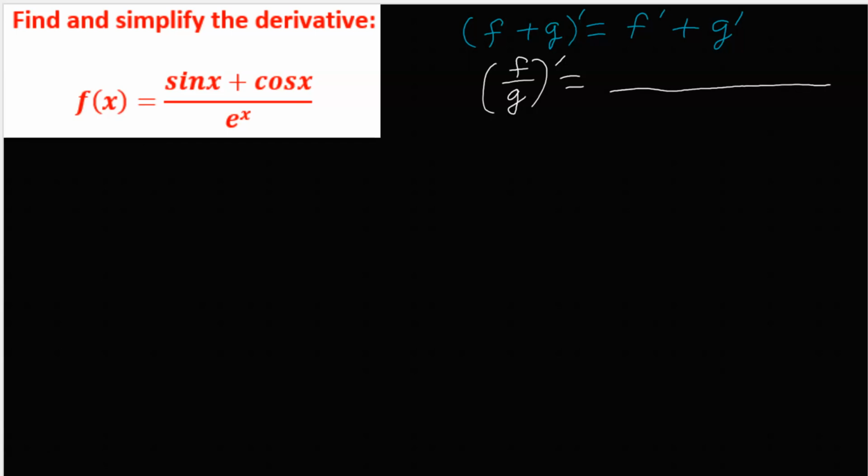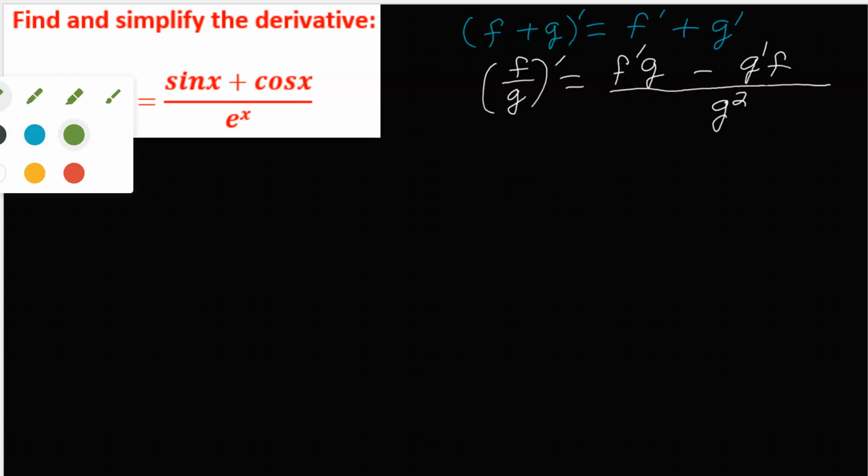The denominator is g squared. And the numerator would be the derivative of the first times the second minus the derivative of the second times the first. And it's very similar to the product rule on the numerator, except that it's subtraction instead of addition.